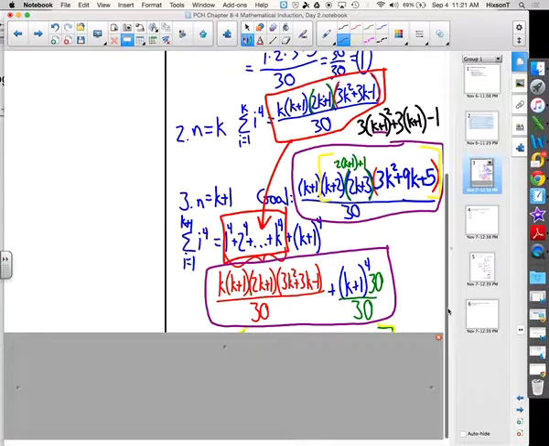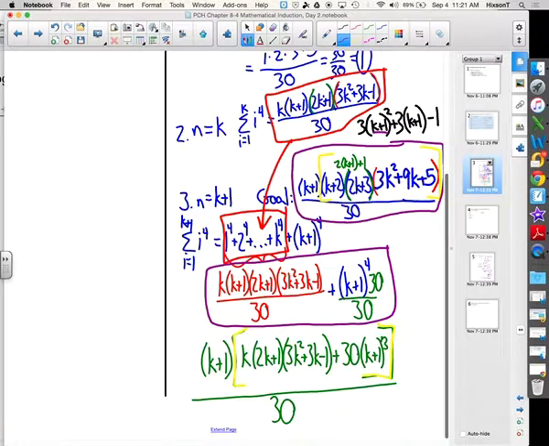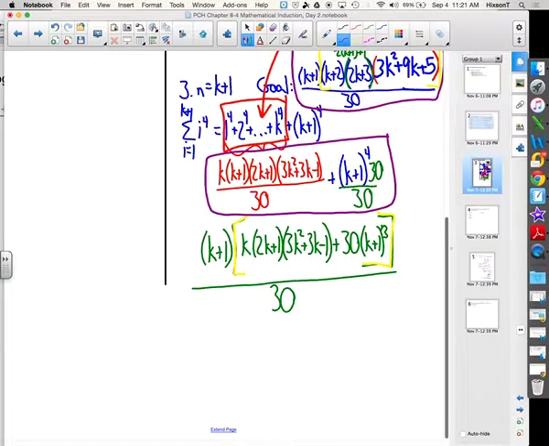If I take out the k plus 1, this entire thing is going to be over 30 because I have a common denominator now. If I take out the k plus 1, I've got the k, the 2k plus 1, and the 3k squared plus 3k minus 1 left over.